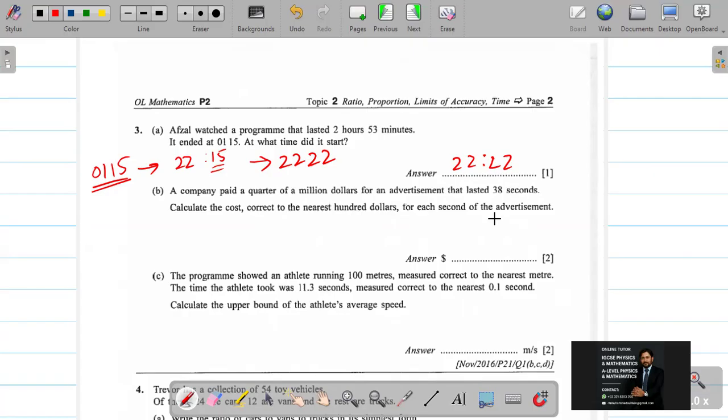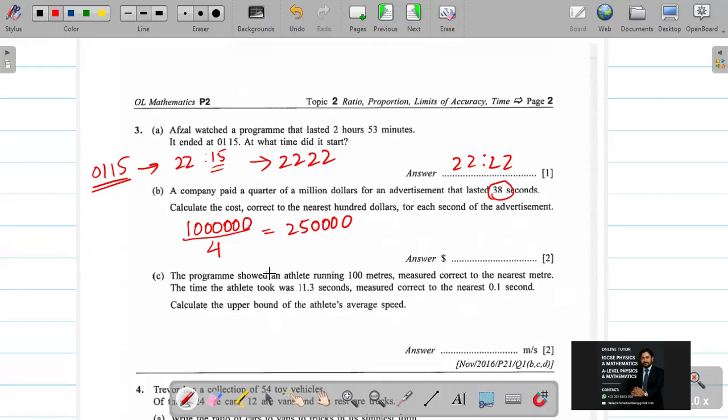So remember that he is paying for 38 seconds the cost of $250,000, which is a quarter of $1 million. $250,000 is what he is paying for the 38-second video.